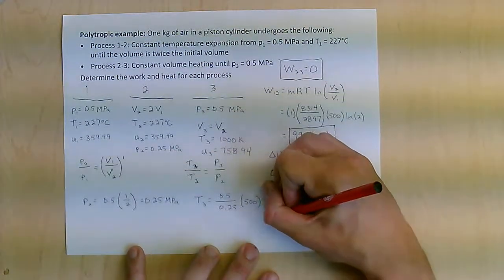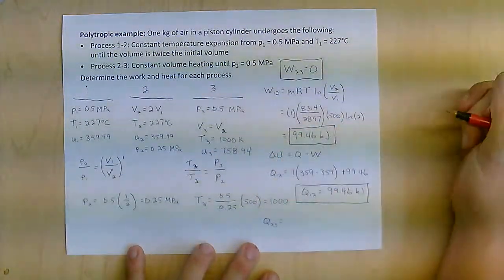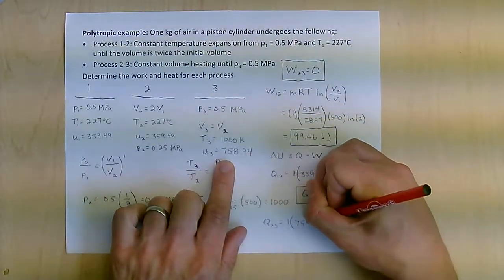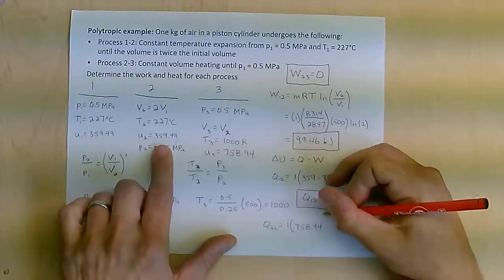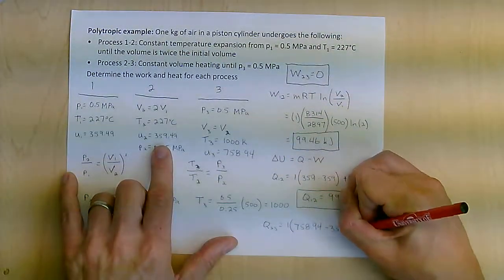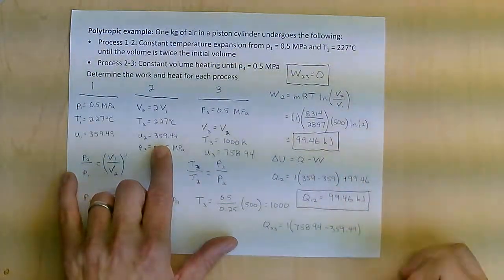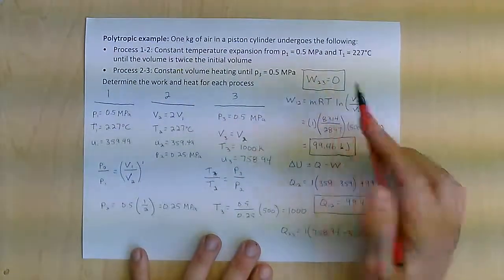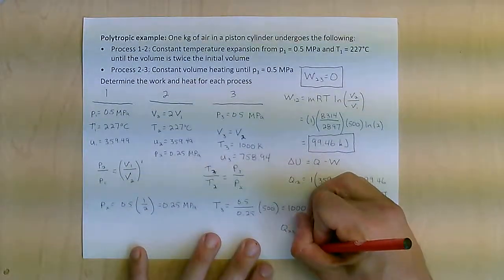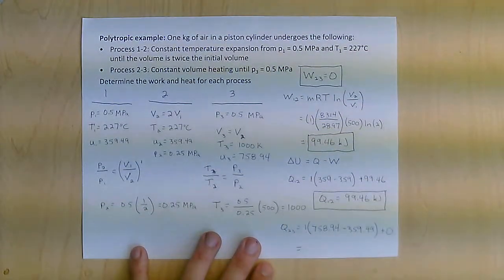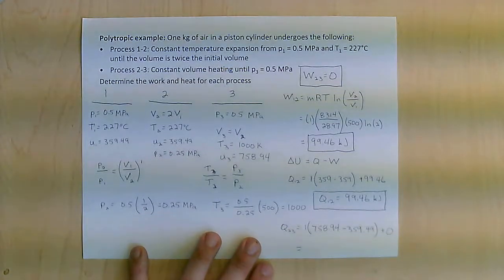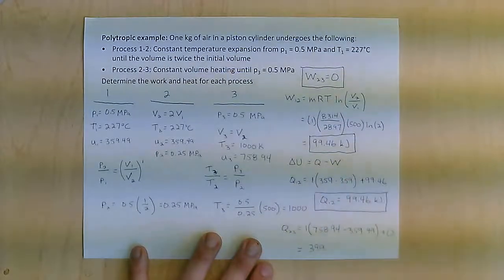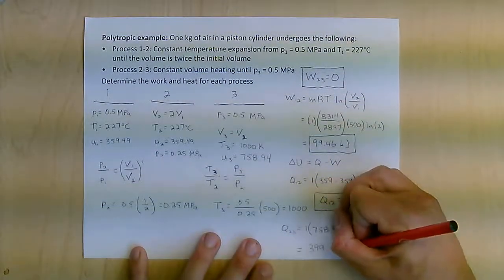Doing the same thing for Q2 to 3, I have 1 kilogram times 758.94 minus 359.49 plus 0, because there's no work 2 to 3. From that, I can calculate that the heat is 399.45 kilojoules.